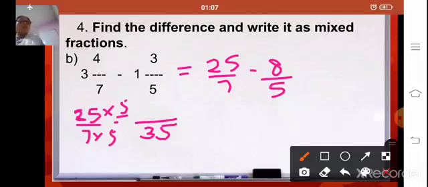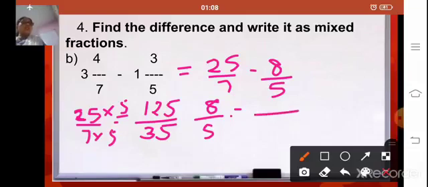So your answer is 125 upon 35. Same way with the second fraction, 8 upon 5 is equal to dash upon 35. This you have multiplied by 7. Numerator also to be multiplied by 7.